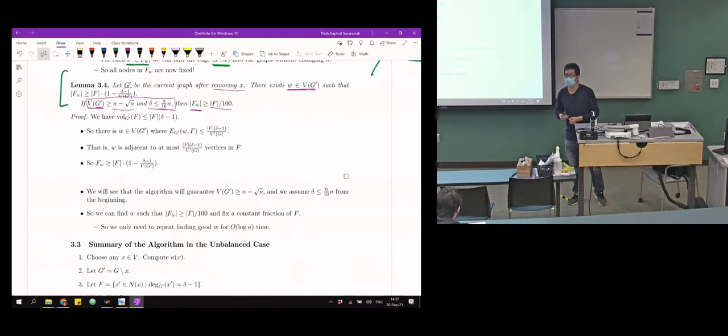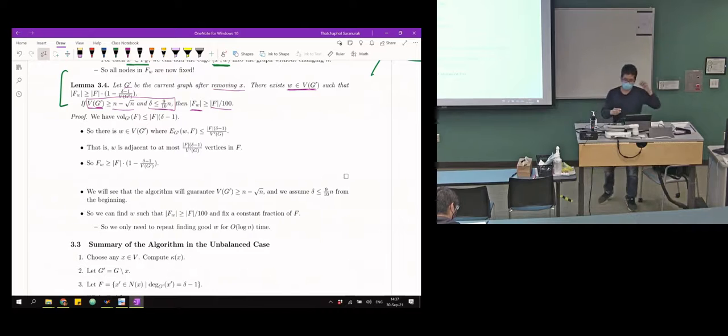Okay, but what if there is a non-neighbor of x such that the cut between x and the non-neighbor is kappa? Because when you choose, you have x, sorry, maybe you call it x prime.